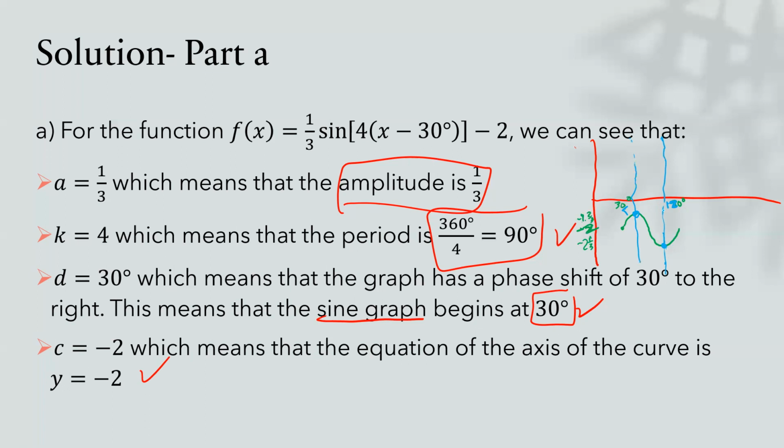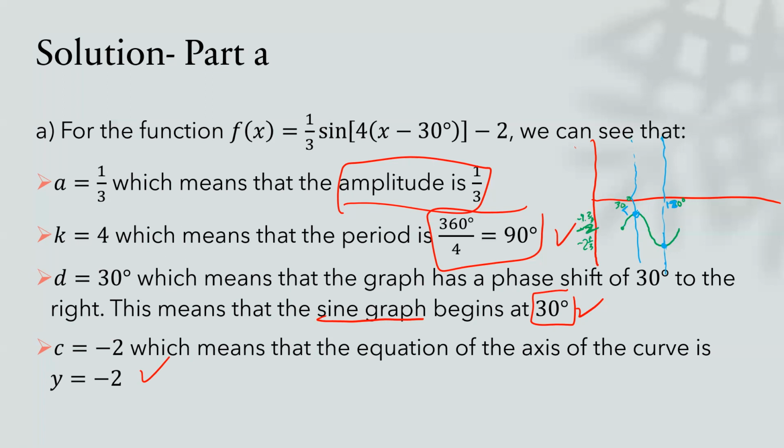So a good follow-up question to this would be, where's the maximum point going to be now in this new function? So the maximum point, you know that it's going to be in the next quarter after the equation of the axis of the curve. So if the equation of the axis of the curve is at -2, that means that one of the key points is 30 degrees and -2.